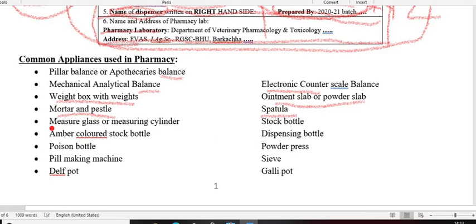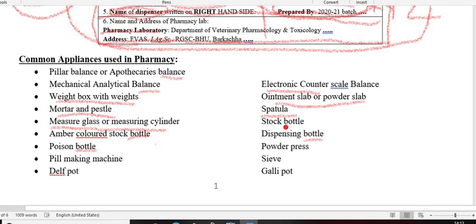Then the measuring cylinder or measuring glass, and then bottles. If the color is amber or brown, it is called an amber color bottle. If it is for poison, it is called a poison bottle. If it is for dispensing, it is a dispensing bottle.